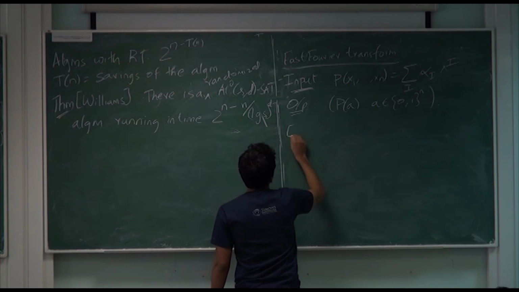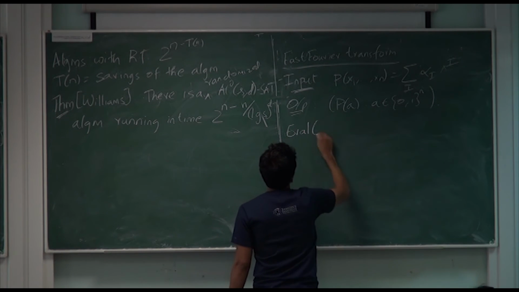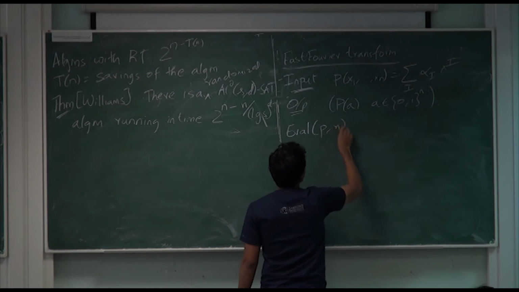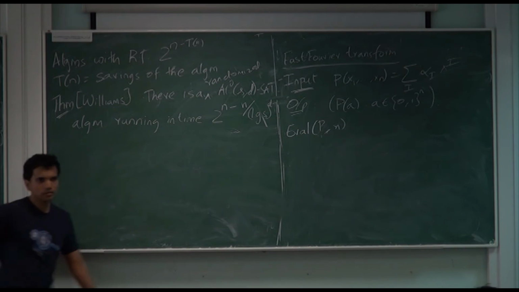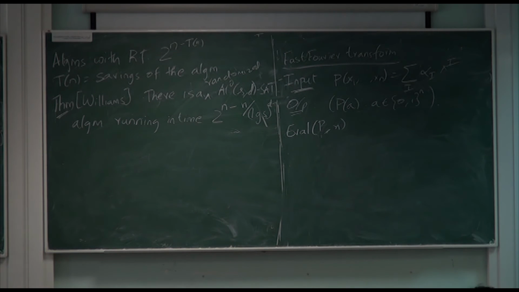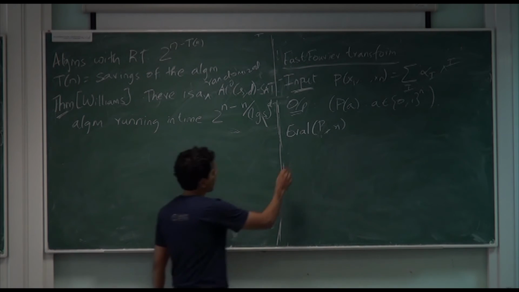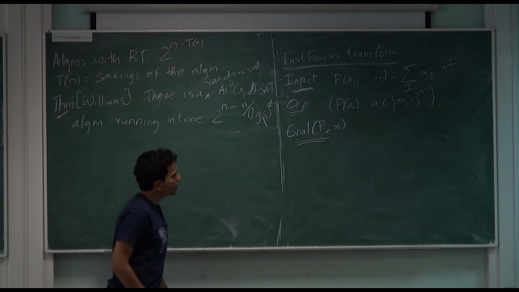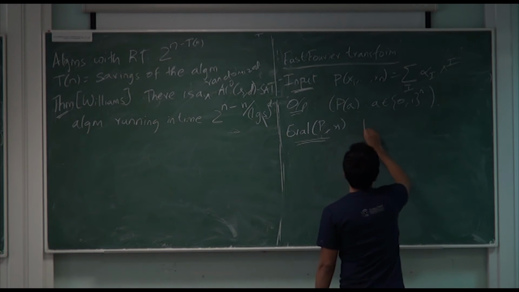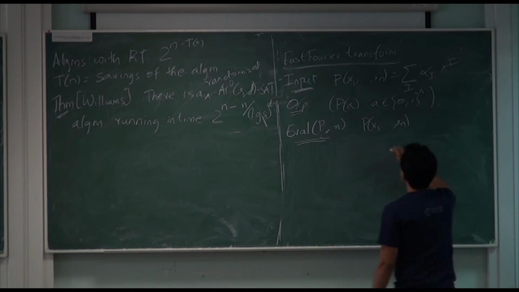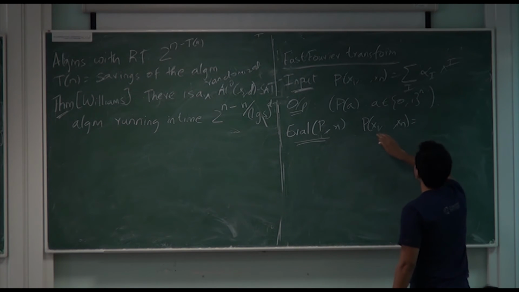Okay, so here's a simple algorithm to do this. Let me just say eval p n. It's just the FFT algorithm, and it's a very, very simple algorithm, so I'll describe it. It's a recursive algorithm, right? I'm going to take my polynomial and write it in two parts.